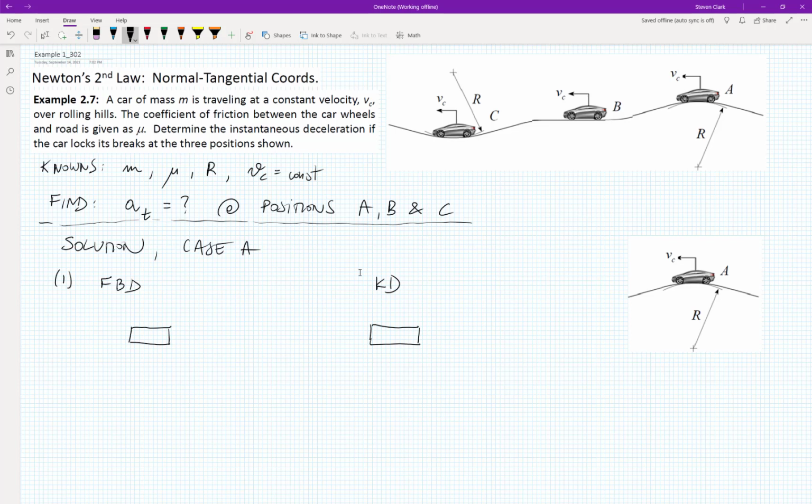What forces act on our particle? I think it's mg. I think that there is a normal force, right, acting on that car. And watch out for spoiler alert, that N will be smaller than mg. In this configuration, N will not be equal to mg, N will be smaller than mg.